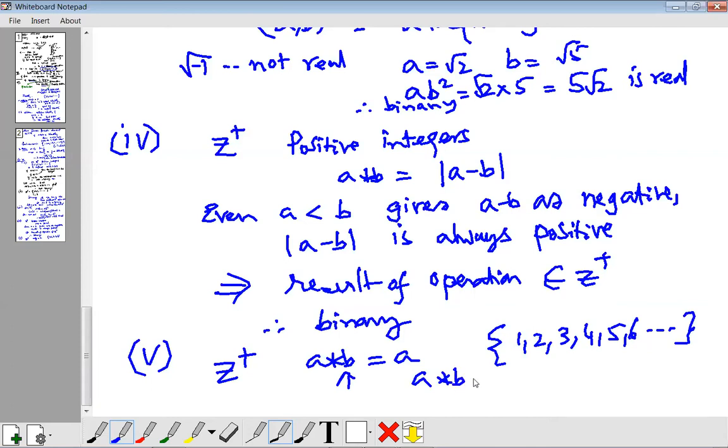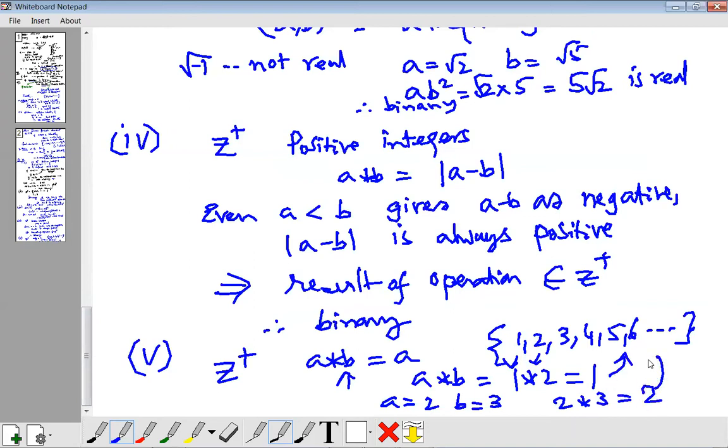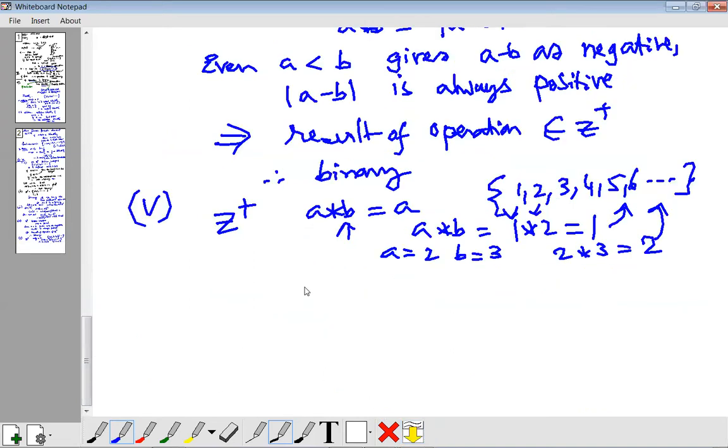Here A star B, meaning you pick up 1 star 2, the answer is 1, if A and B are 1 and 2. If A is equal to 2, B is equal to 3, then 2 star 3 equals 2 only. But still 1 belongs to Z plus, 2 belongs to Z plus. Therefore, a binary operation.